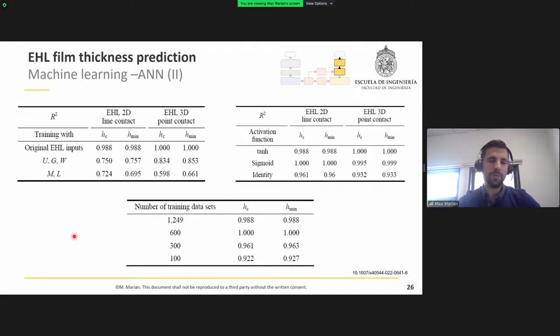But still, it can maybe be used to find more generalized ways of predicting film thickness, not taking into account these classical rheological mathematical formulations. But that's one of the aspects we want to tackle in the future as well.